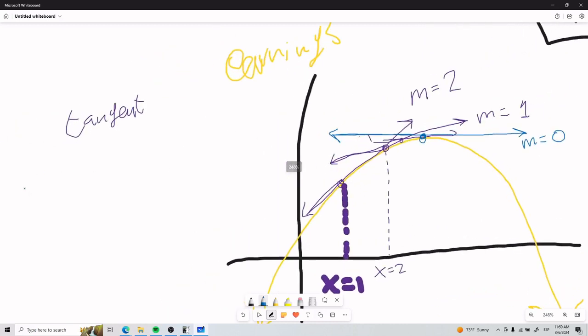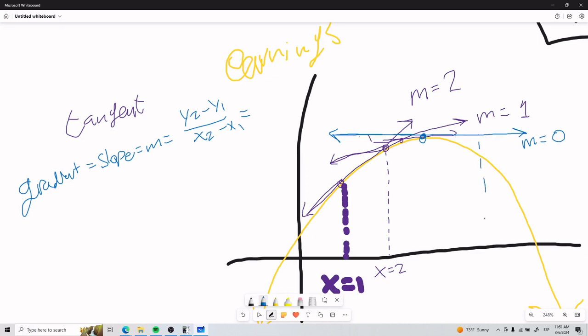Why is it 0? Because gradient, which is the same as slope, which is the same as m, they tell us is y2 minus y1 divided by x2 minus x1. Oops, minus, there we go, minus x1. So, is it changing in my x values, this blue line?